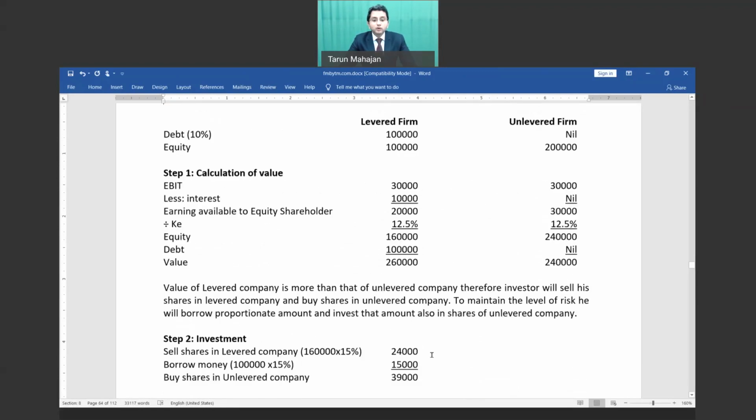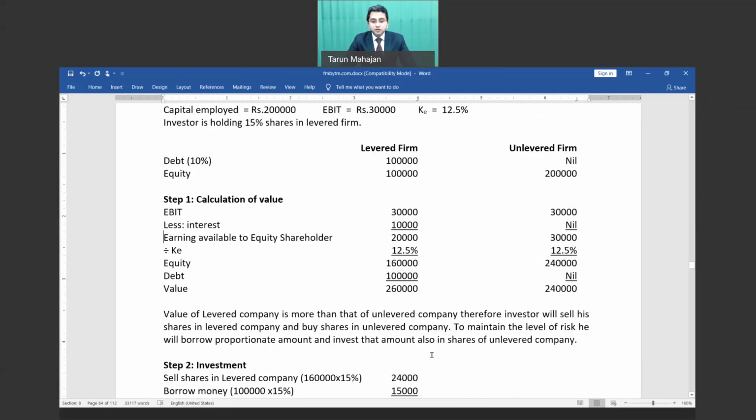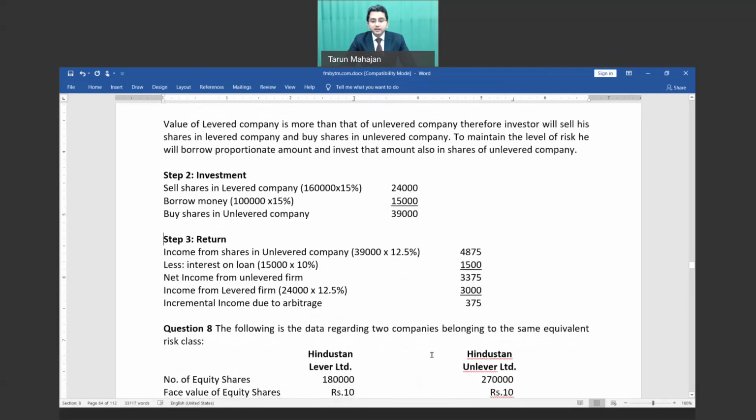Cost of equity is 12.5%. Cost of equity is a cost for the company, while it is income for the investor. So I have invested 39,000 rupees in the unlevered firm and I'll earn 12.5%. Just check the calculation. 39,000 into 12.5% must give you 4,875.